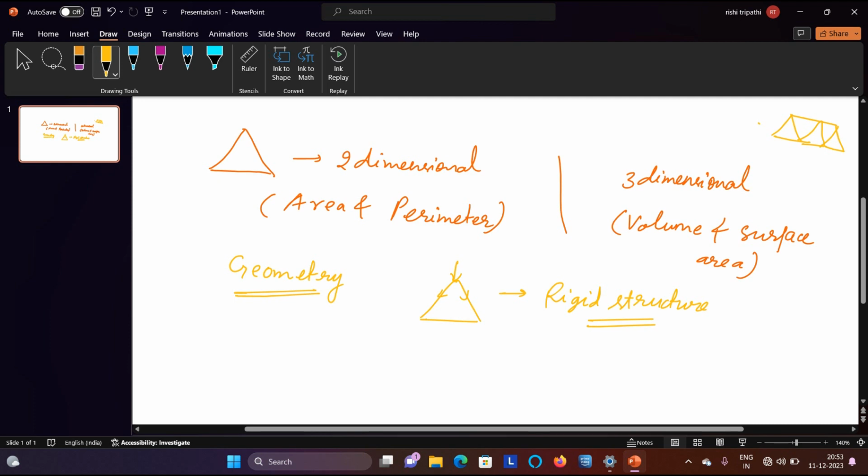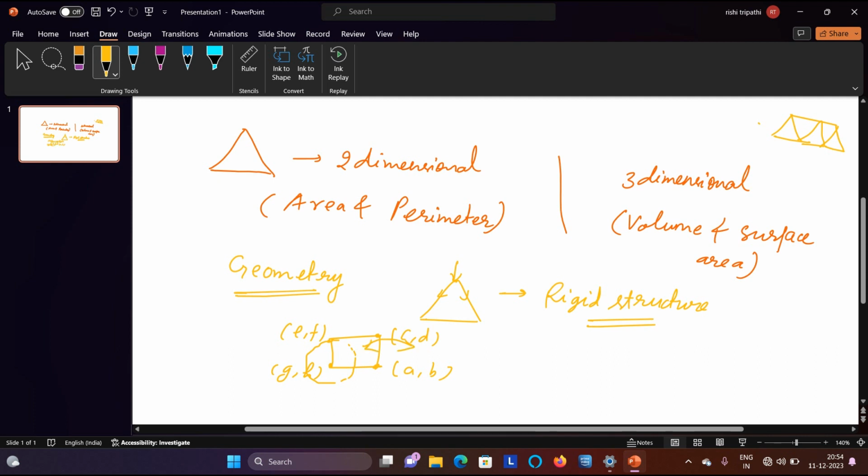Whereas in a two-dimensional figure, if you use one more side and form a quadrilateral, and you move any point, suppose here are four vertices with points a comma b, c comma d, e comma f, g comma h, and you move it in this circular way, it will start oscillating.